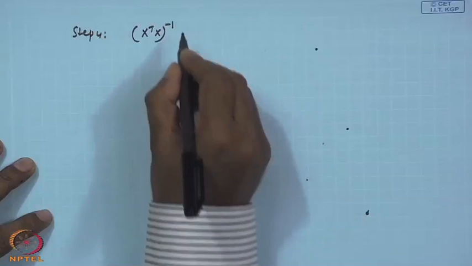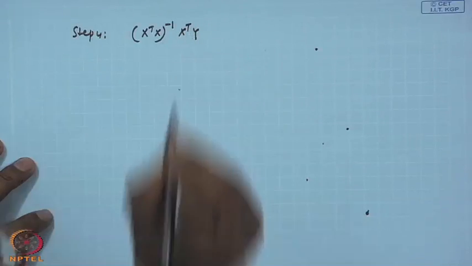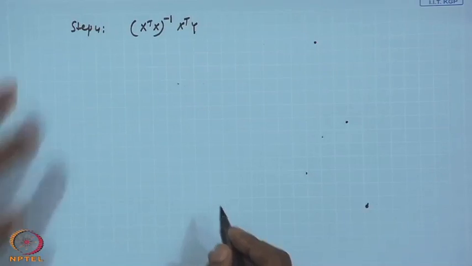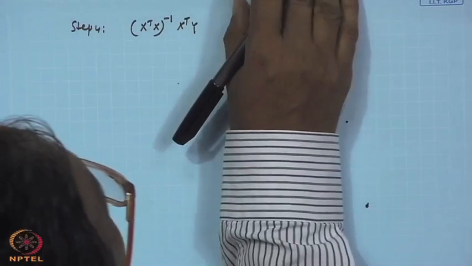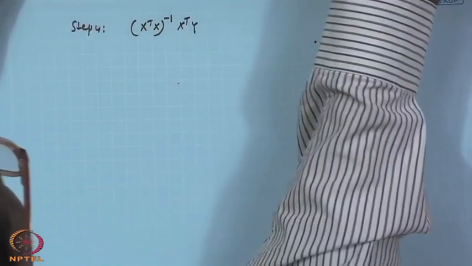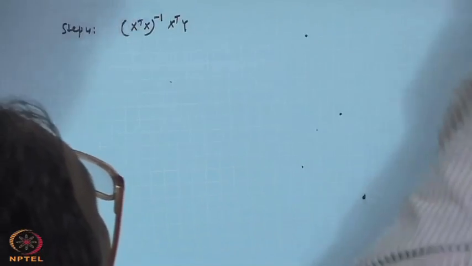Then step 4 is required, you have to multiply X transpose X inverse with X transpose Y, these two matrices. And what is our X transpose X inverse? We have found it out here.